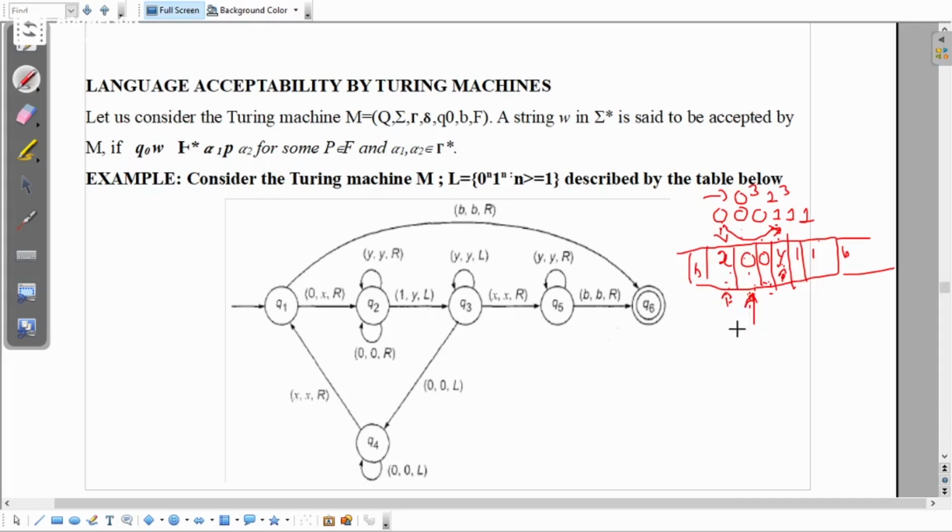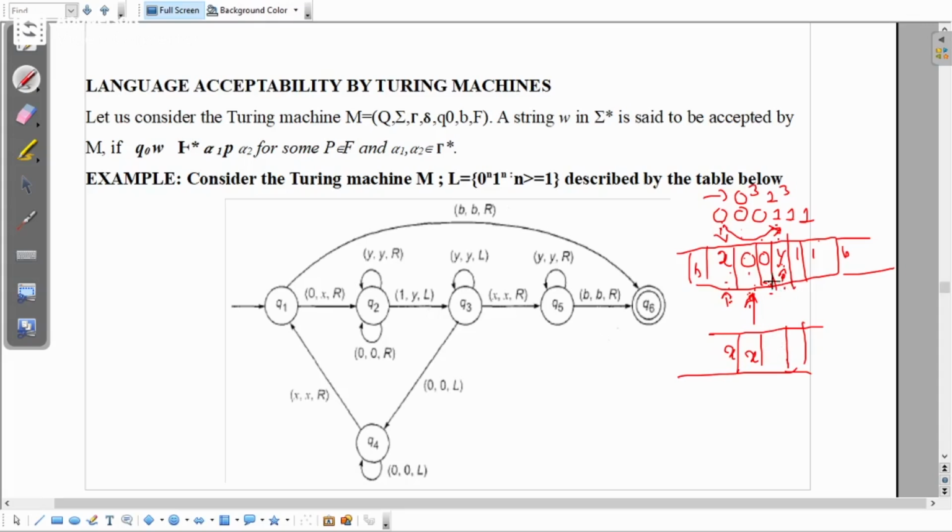This 0 needs to be replaced by x. Earlier I had x, and this 0 also will need to be replaced, and then I traverse through the next zeros until I get 1. So this 0, and before that I even get y's.